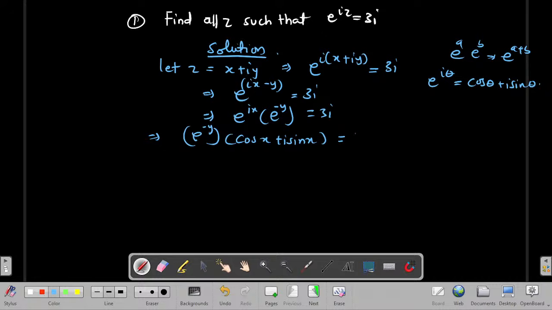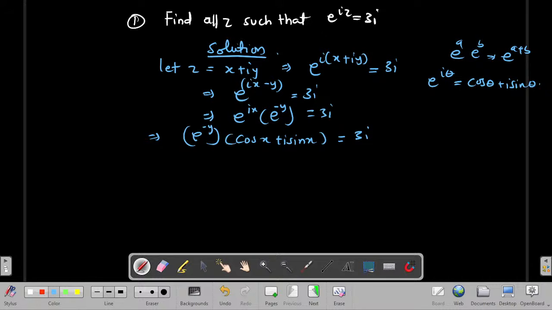This should be equal to 3i. So at this point, we have e to the power -y standing out, cosine x plus i sine x.